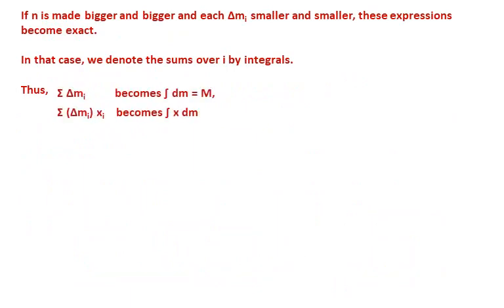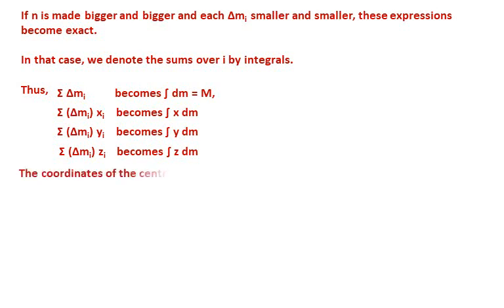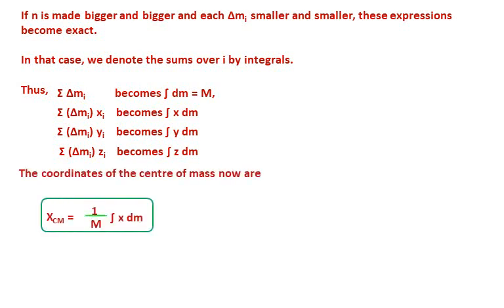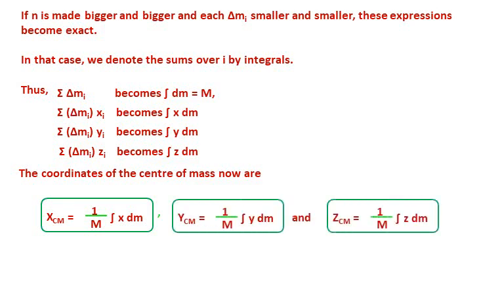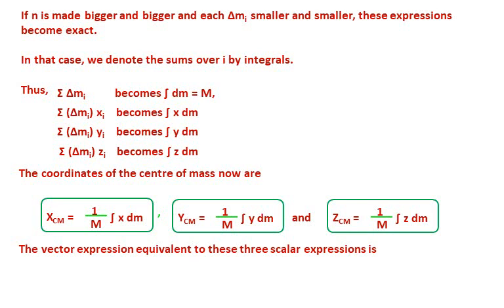In place of summation, we can change it into integration as I have explained in the kinematics chapter. So the x coordinate will be equal to integration of x dm divided by the total mass. Similarly for the y and z coordinates.